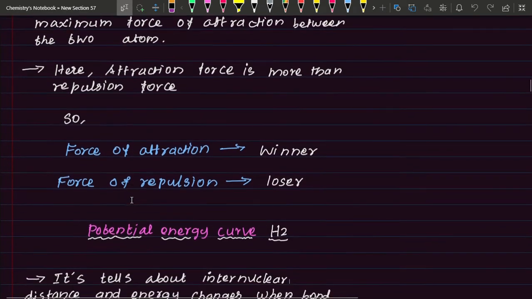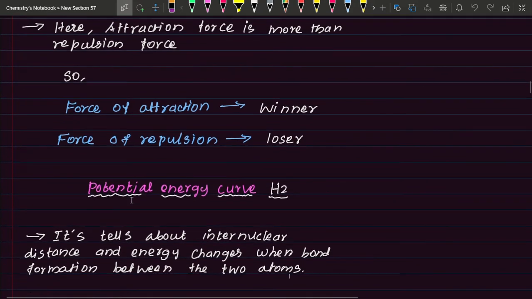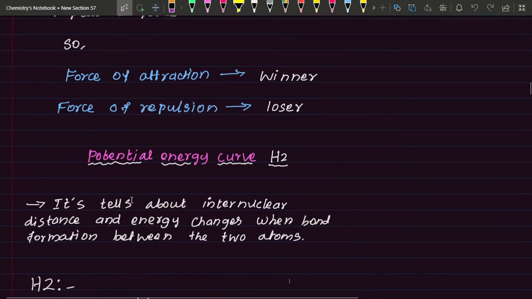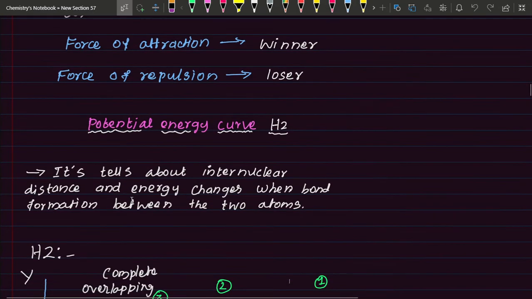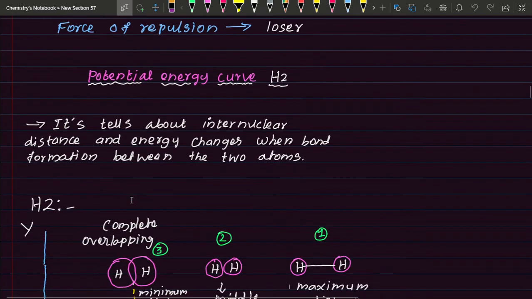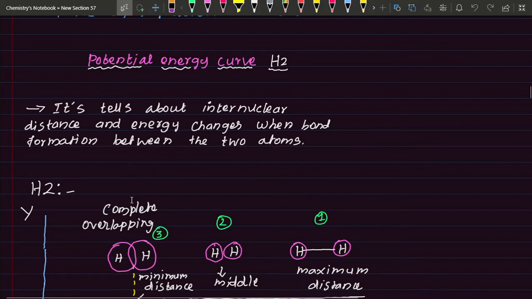We see the potential energy curve for the H2 molecule. See the diagram. It tells about internuclear distance and energy changes when a bond forms between the two atoms.